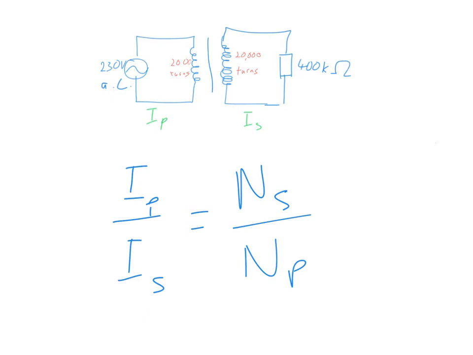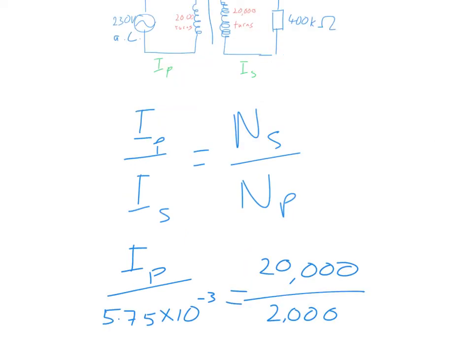So the primary current divided by the secondary current equals the number of turns in the secondary coil divided by the number of turns in the primary coil. So when we fill that in, it'll look something like this, and then we just solve it for the unknown value, which is the current in the primary part of that circuit.